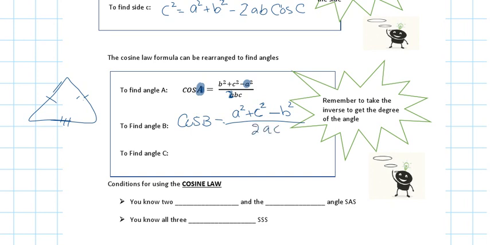And then for cos C equals A squared plus B squared minus C squared over 2AB.